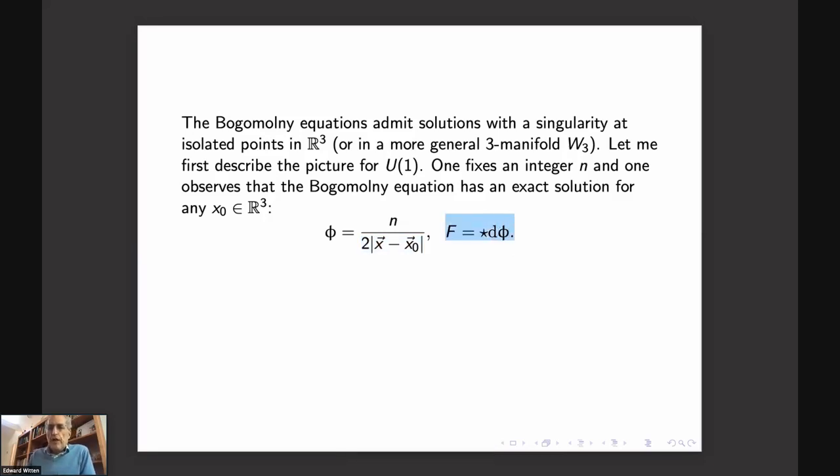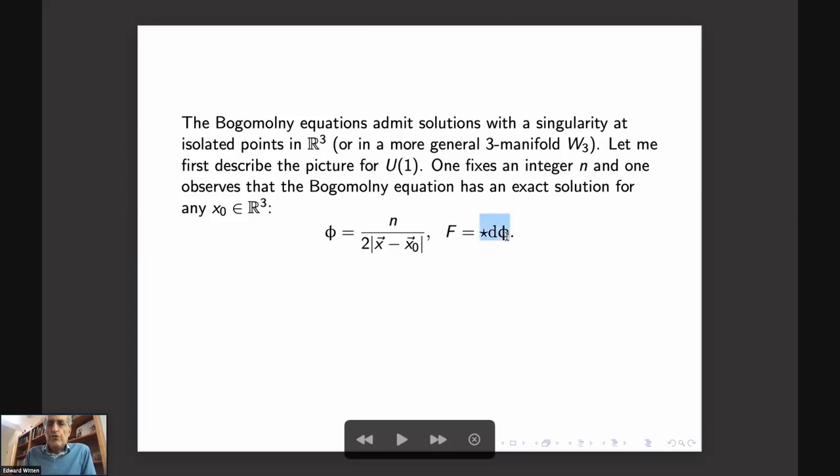But we have to remember that F was supposed to be the curvature of a connection. And this formula defines a closed two-form. Well, you need to know that this phi is harmonic. It solves the Laplace equation away from x equals x0 because this is the potential due to a point charge. So it's sort of the fundamental solution of the Laplace equation with a point singularity.